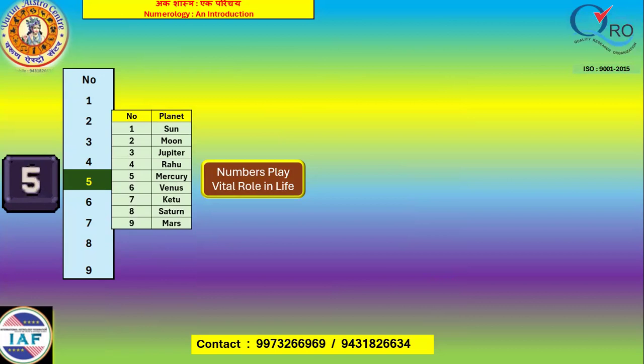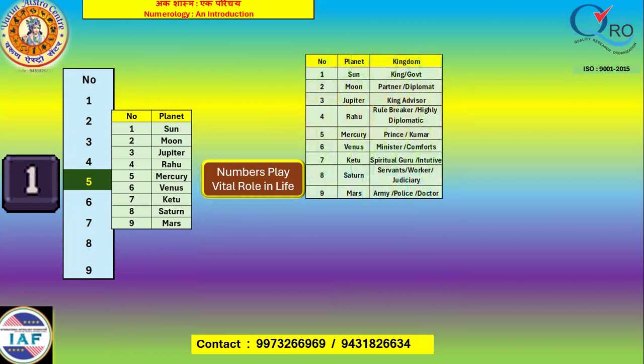And in the world of numbers, these numbers are uniquely named. 1 is known as king or government, 2 as partner or diplomat, 3 as king's advisor, 4 as rule breaker, highly diplomatic person, 5 as prince or kumar, 6 as minister or comfort-giving individuals, 7 as spiritual guru, intuitive person, 8 as servant, worker, downtrodden people of society and judiciary, and 9 as army, police, and doctor.